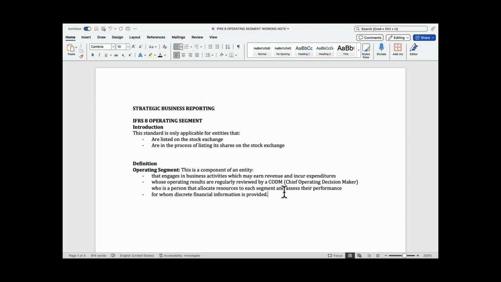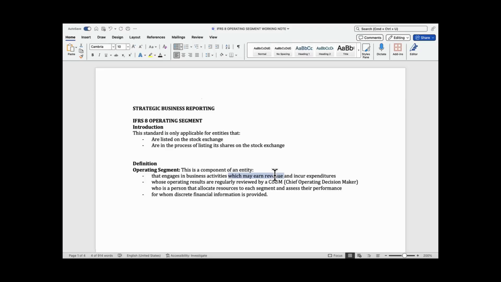There's something you might want to miss out here, which may earn revenue. So a company can have different branches. Each of those branches can be an operating segment, and they can also have a cost center, like a head office, or a research and development unit that does not make revenue.